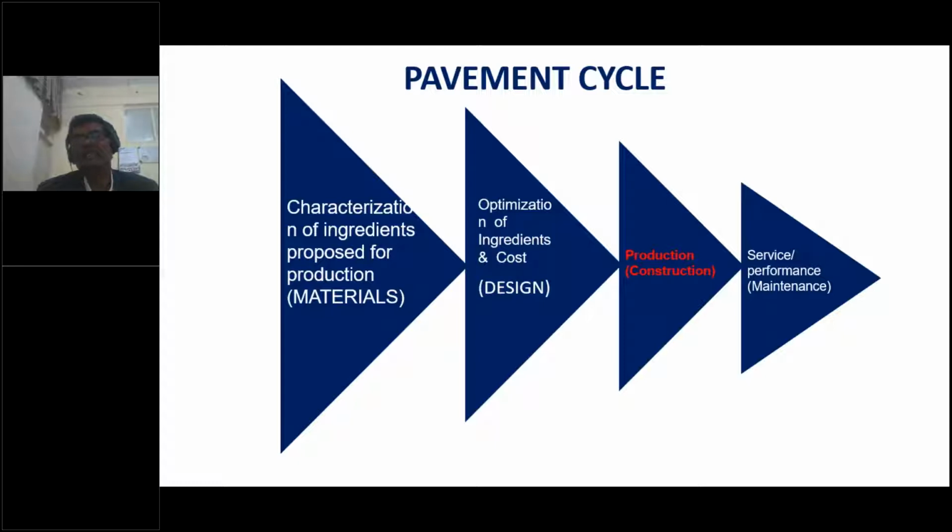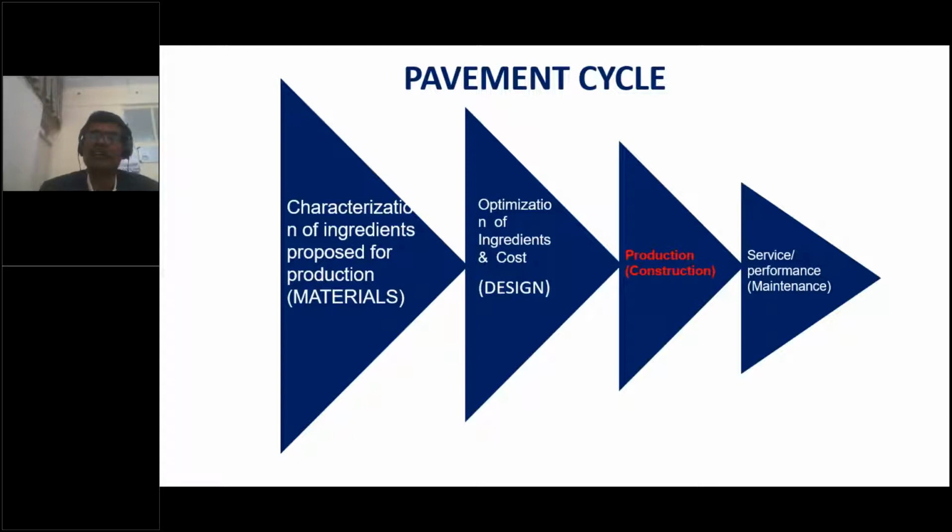Then comes the third stage, the production stage. We have characterized the ingredients, we have come out with the best design, and implementing this design, putting it into practice, is very important. Not only important, it's a complex process.